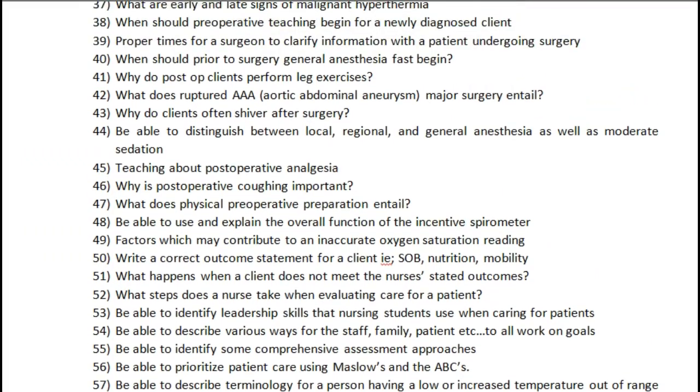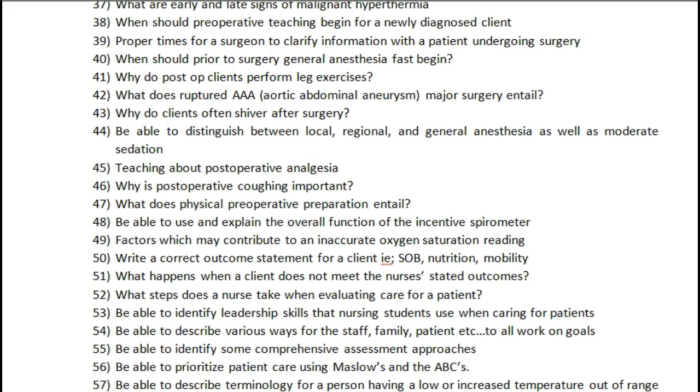I want y'all to know those six subscales in the Braden scale, where you will be able to pick them out. And that's for the risk of pressure ulcers. So the Braden scale: sensory perception, moisture, activity, mobility, nutrition, and friction.